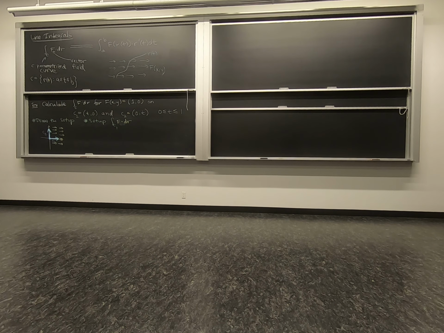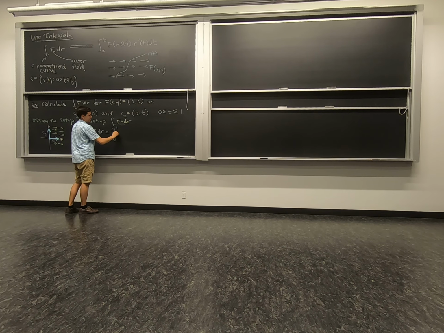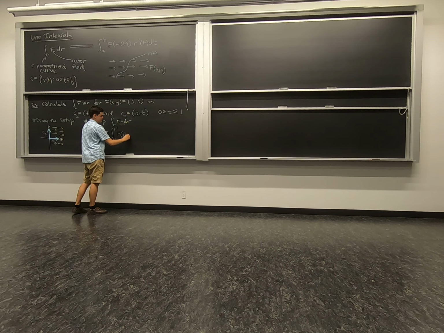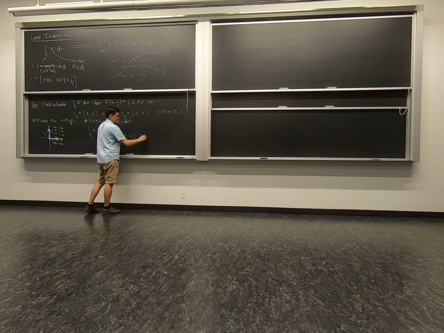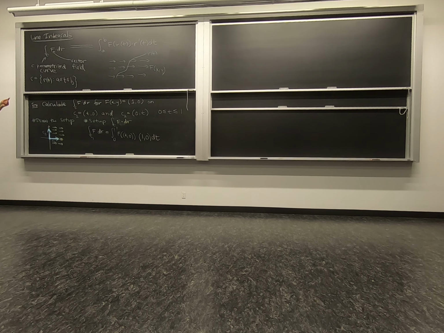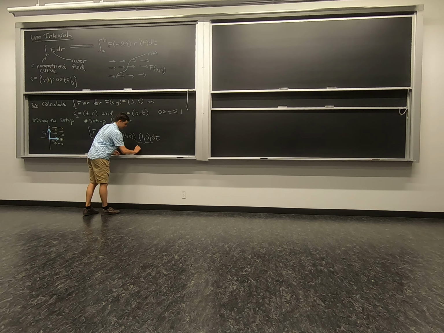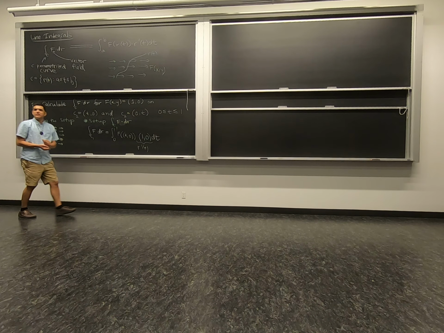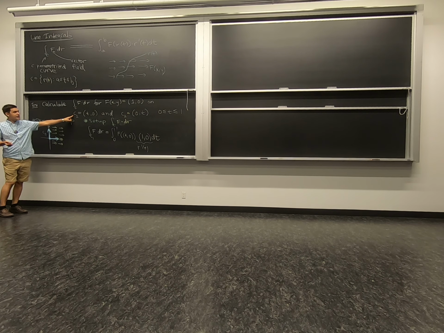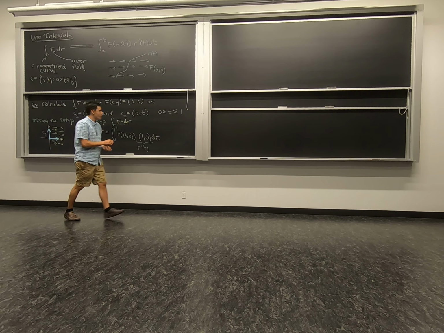Okay, so for C1, we get the following thing. When we take the derivative r prime at t, we get this guy here. Right, when we take the derivative of the path C1, we get a 1 here and a 0 here.